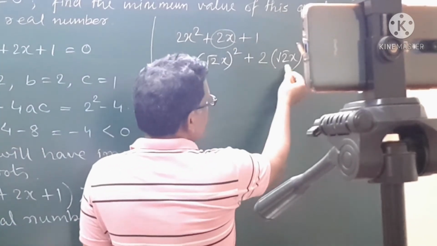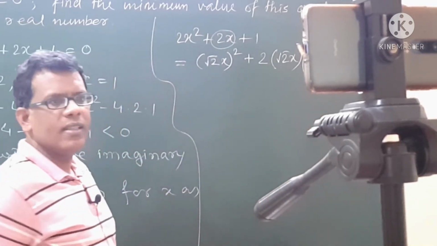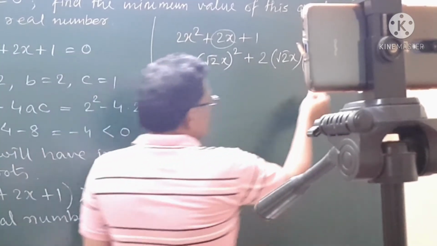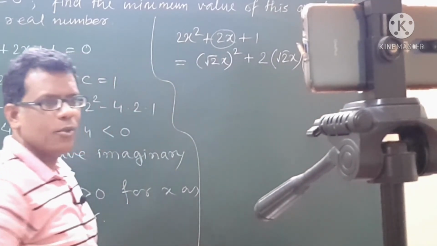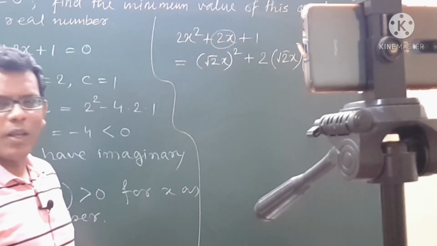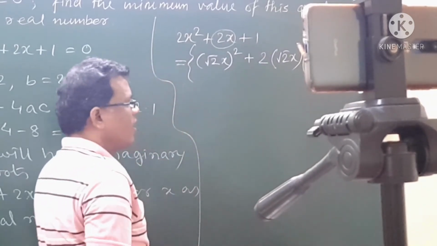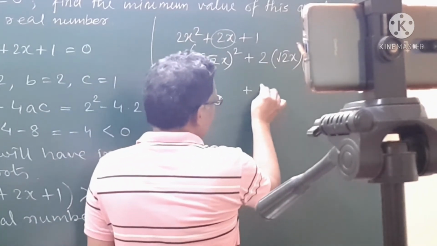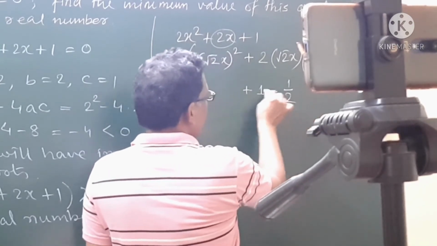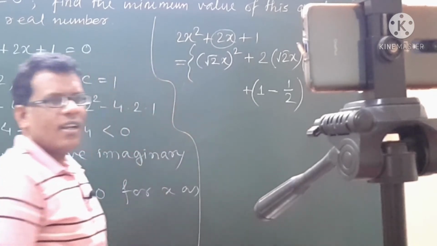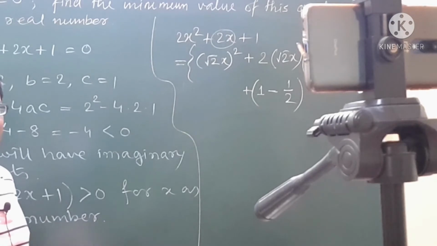So I am using the 2ab format. Now according to this split, b is coming as 1 by root 2. So I must bring the square of 1 by root 2, which must be 1 by 2, because the square of 1 by root 2 will be 1 by 2. So this will match up the format of a plus b whole square. Then 1 was already available there, I have added 1 by 2, so I need to subtract 1 by 2 from the expression, so that the value of the expression remains unchanged even after simplification.